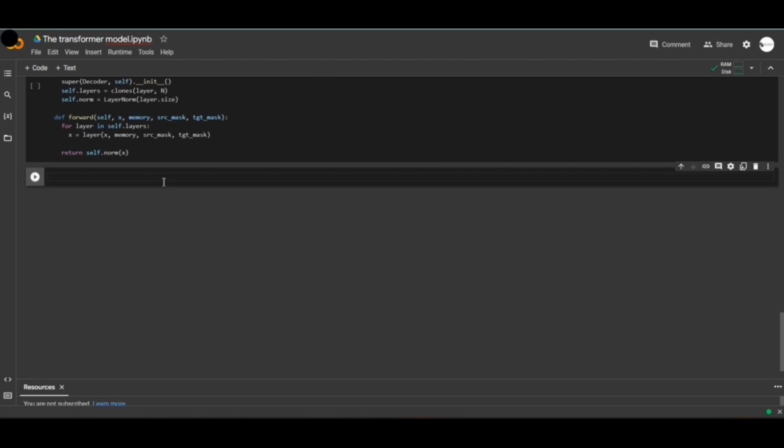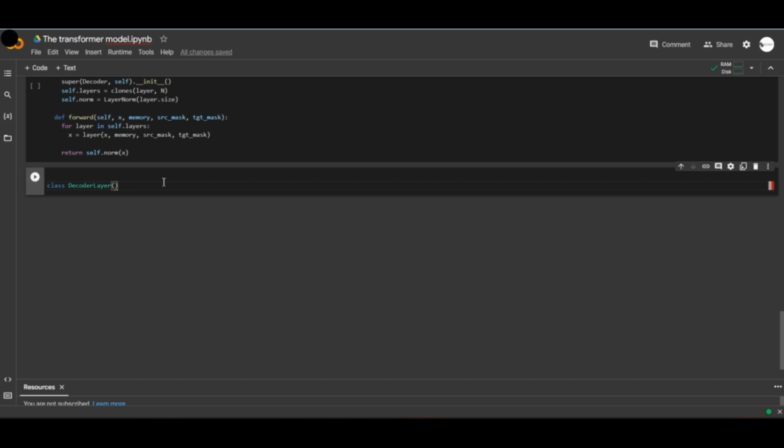So let's look into the decoder layer. We're going to say class DecoderLayer. The decoder layer essentially is similar to the encoder. We have residual connection, we perform multi-head attention over the output of the encoder, and we introduce another sub-layer in the decoder, which is the multi-head attention.